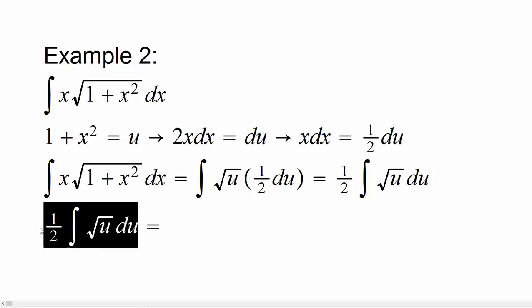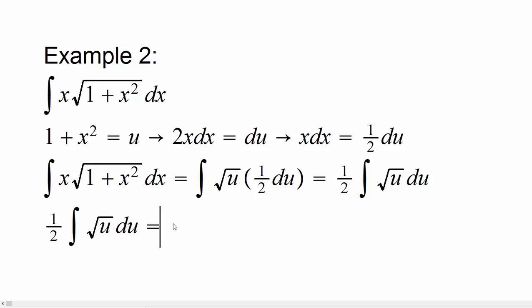This square root of u is the same as u to the power 1/2. So we got u to the power 1/2, and we can simply use the power rule here. So that will be 1/2 times u to the power 1/2 plus 1, and then we divide by the same quantity.